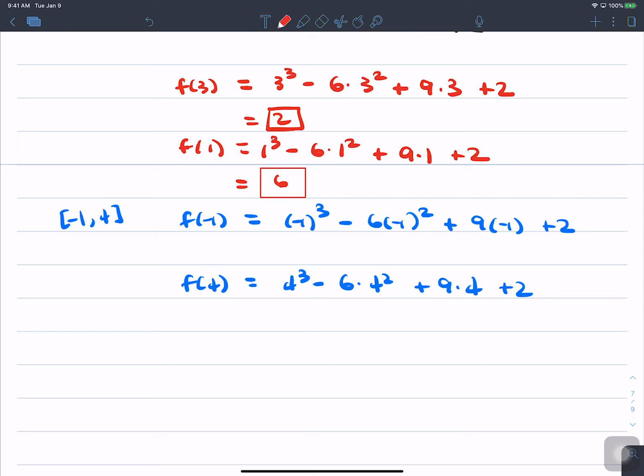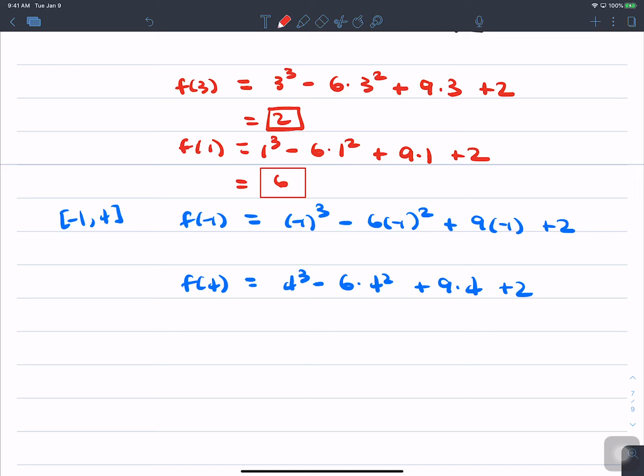And then you get negative 1 raised to the third power minus 6 times negative 1. I think we're going to have to raise that to the second power, right? Limited space. I got to start all over here.